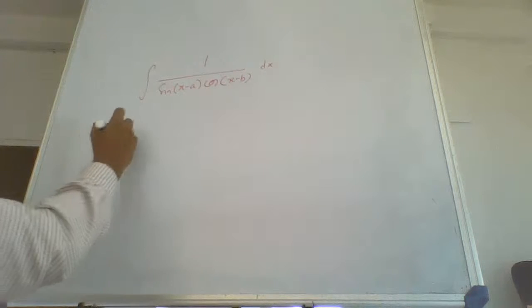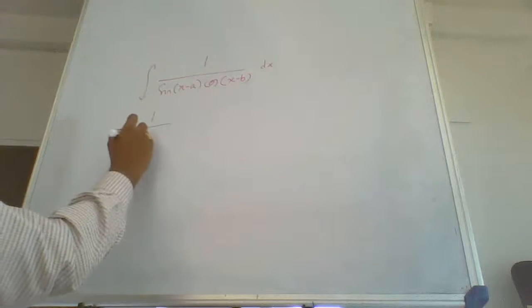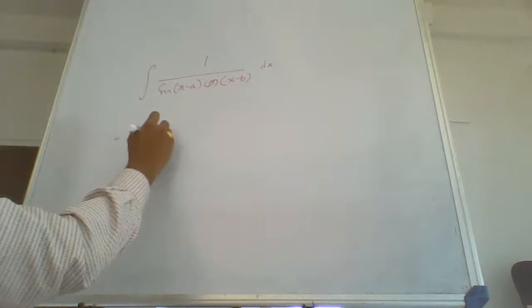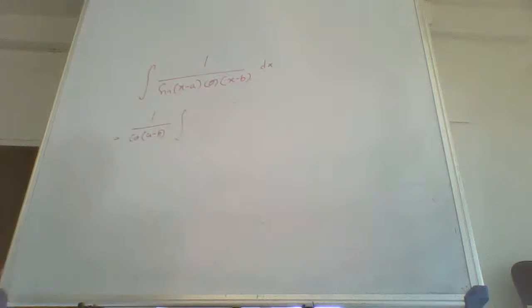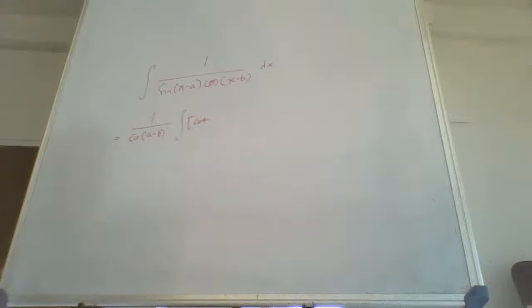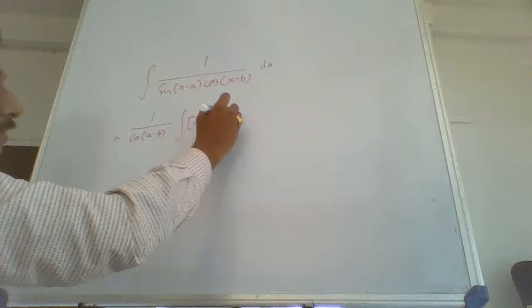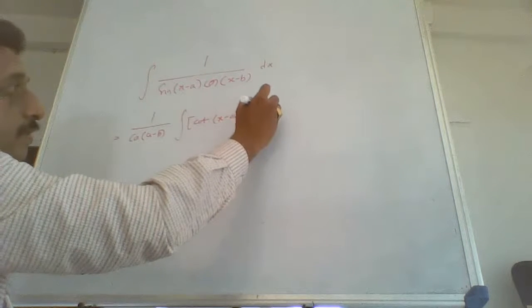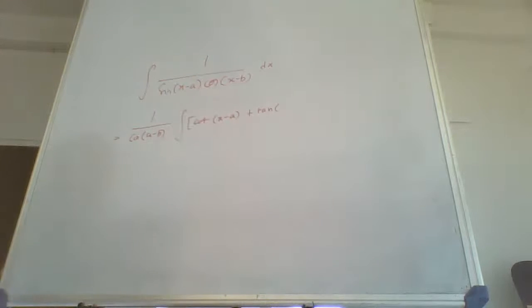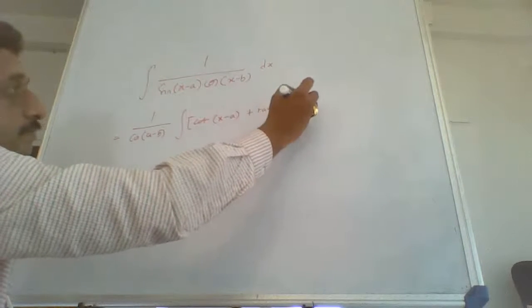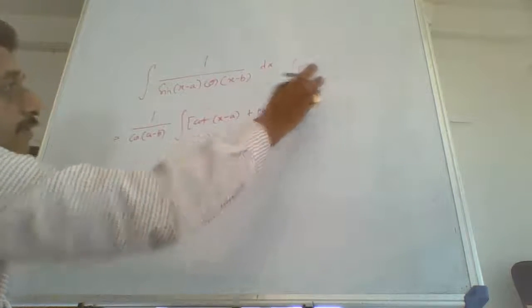So I get this 1 by cos of a minus b, integral of this will be cot of x minus a plus tan of x minus b into dx.